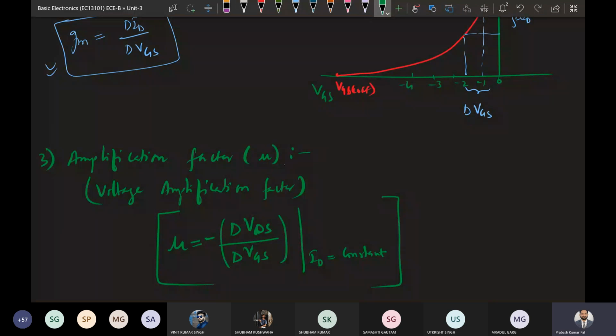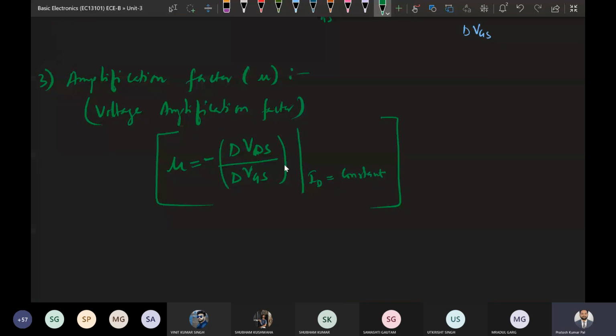The typical value of the amplification factor is between 2.5 to 150. So the maximum voltage gain of FETs is given by this mu, that is the amplification factor.